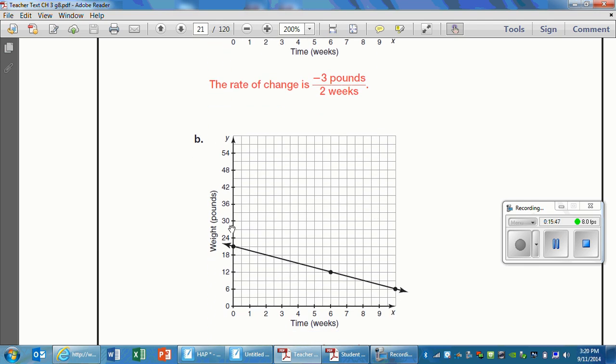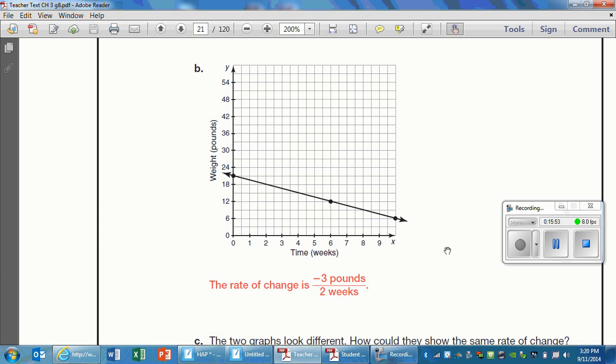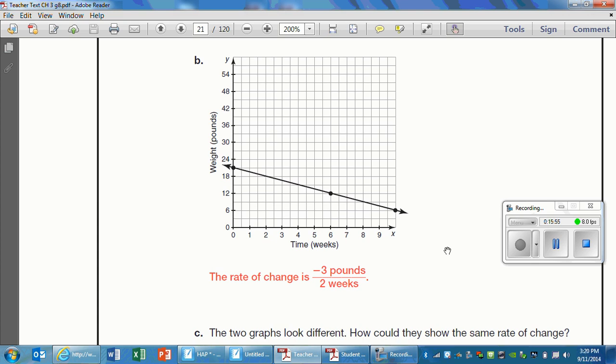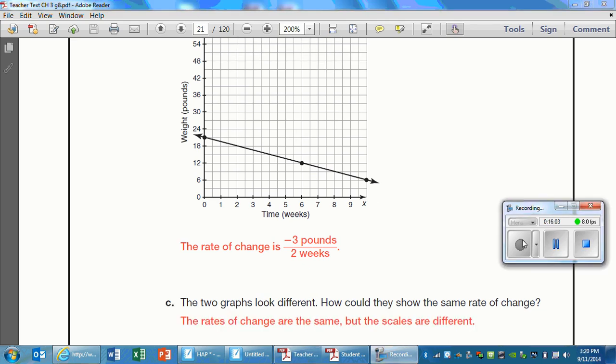So this is the same graph if I cut this off here. It's kind of tighter. So on C, how could they show the same rate? Write a statement for that and compare and share. Go. The rates of change are the same, but the scales are different.